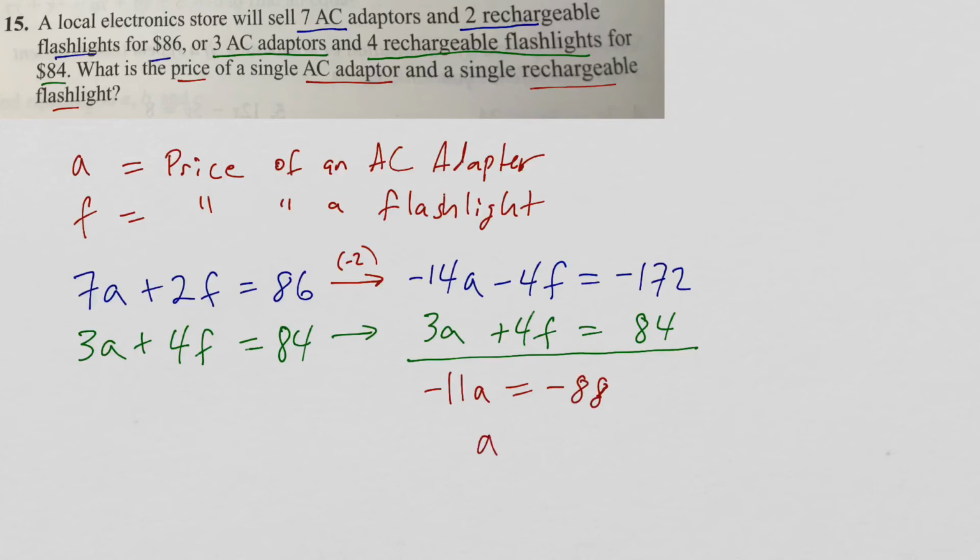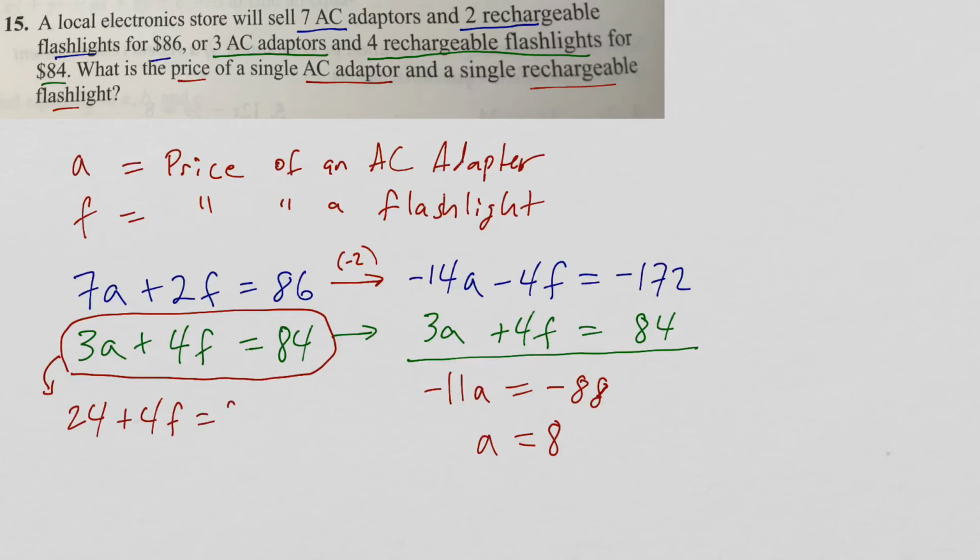So A must be equal to positive 8. Then if I take that and I plug it into either one of these, like this one here, 3A must be 24 plus 4F equals 84. That means that 4F is equal to 60 when I subtract. And now I'll divide by 4, and F is equal to 15.